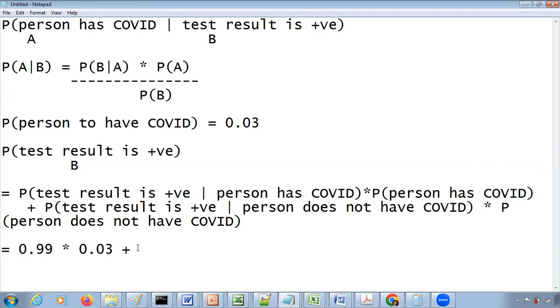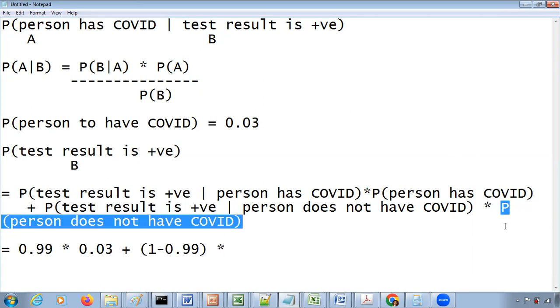So to come out positive, it will be 1 minus 0.99. It should have come negative with probability 0.99, but the test result is positive. So that probability is 1 minus 0.99 times the probability the person does not have COVID.